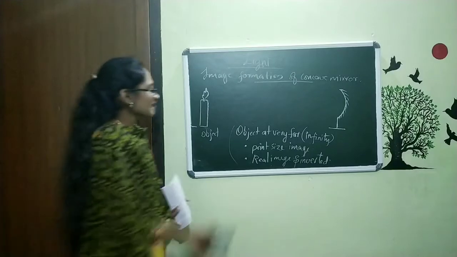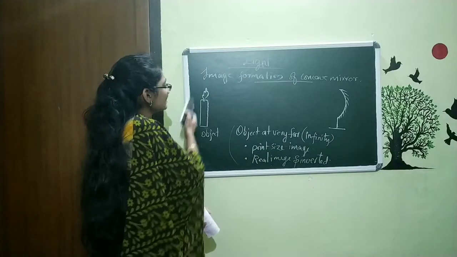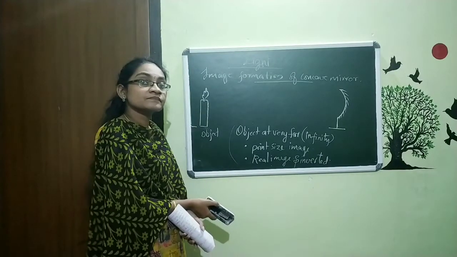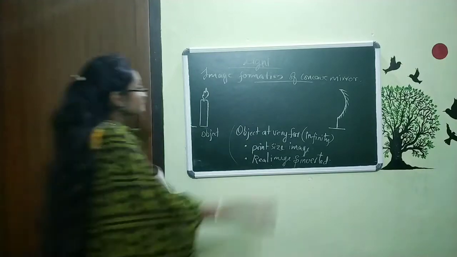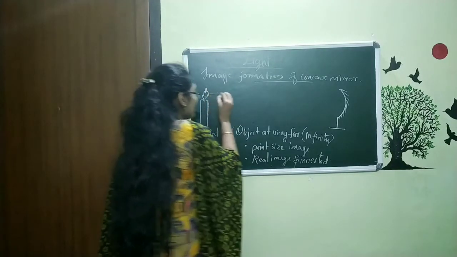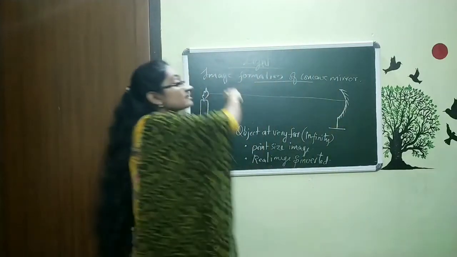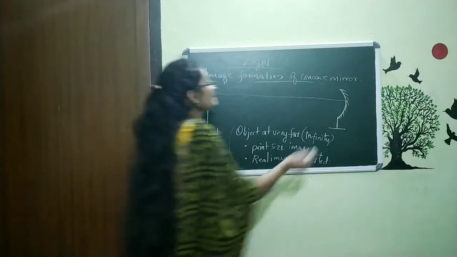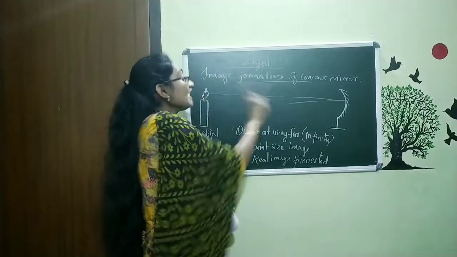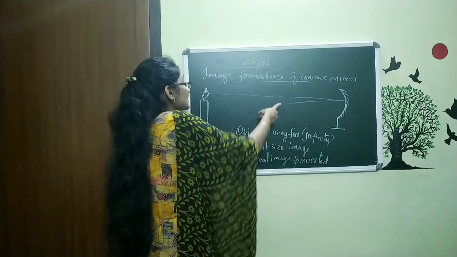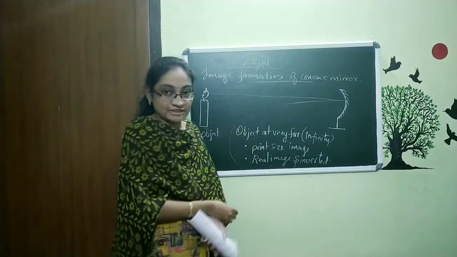Now, how are we actually getting this image on this screen? The light is traveling. We know light travels in a straight line, hits our mirror and then reflects back. Because of this, we get this image on our screen.